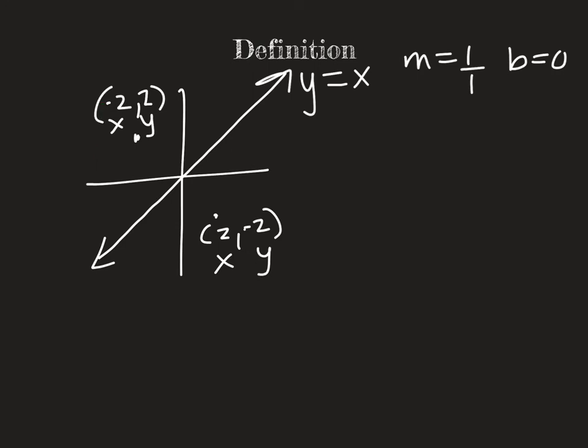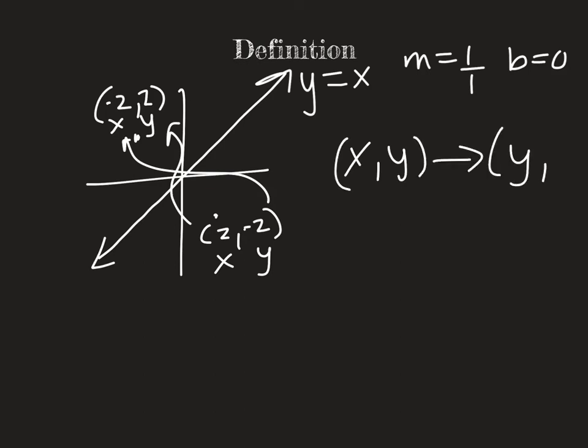So the rule here is that to find the inverse of really anything, a table, a graph, or an equation, you want to switch the x and y values so that you get y comma x. This is what it means in essence for a function to go through an inverse. You want to find the mirror reflection of the points, of the tables, of the graphs, of basically everything.